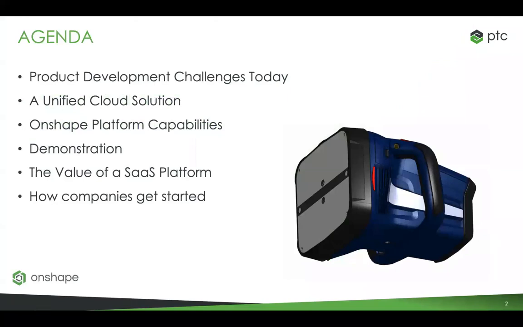Onshape is a true software as a service or cloud-based system for doing product development. And the people at Onshape are all essentially former engineers that used to work at other CAD companies. So you'll find people at Onshape that worked on Creo, that worked on SolidWorks.